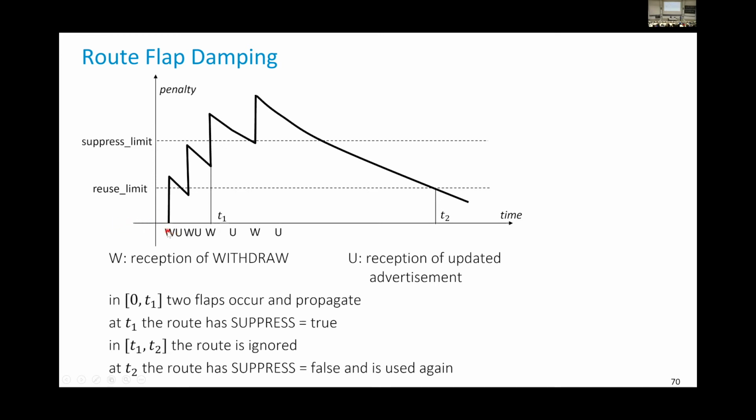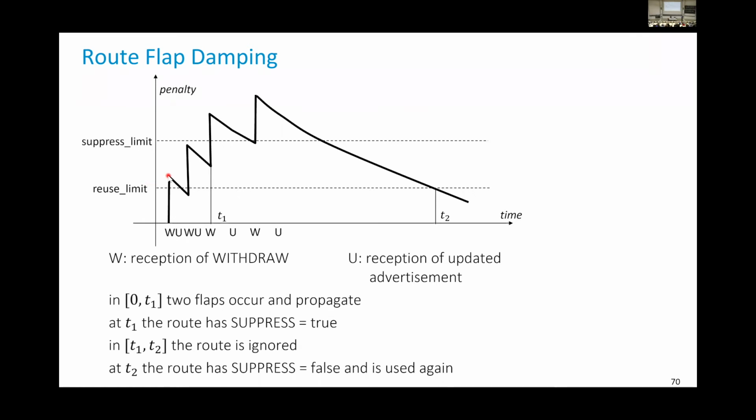So we see there is one withdrawal, then the route comes back, it goes away, it comes back, etc. Four times in a row we have this event, which is exactly the pattern that I described before. If that happens, whenever the route is withdrawn, we flag it and increase the penalty by a fixed amount. And then, like anything in human society, all penalties tend to fade out exponentially over time. So this is also implemented in BGP.